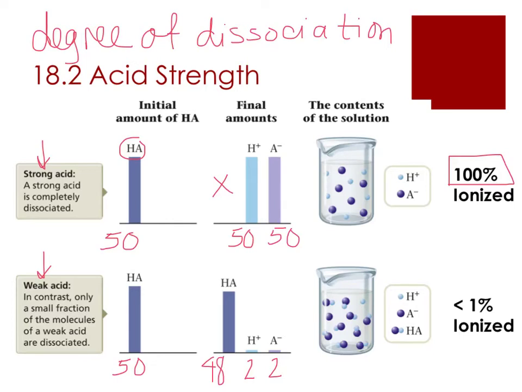This weak acid has dissociated very little. In fact, most weak acids dissociate less than 1%. So in summary, the biggest difference between a strong acid and a weak acid is the degree of dissociation. Strong acids dissociate completely, weak acids do not.